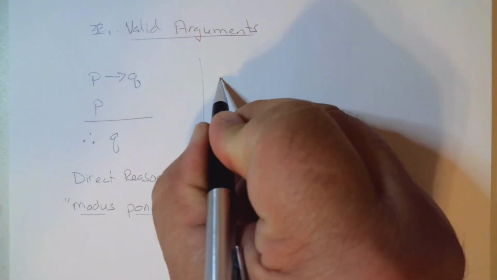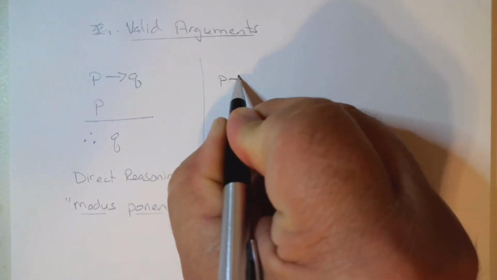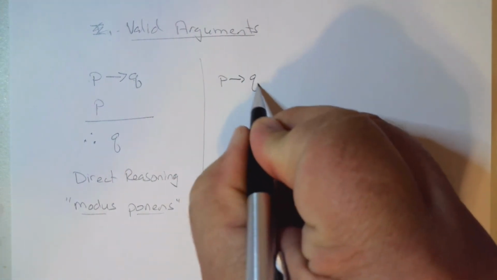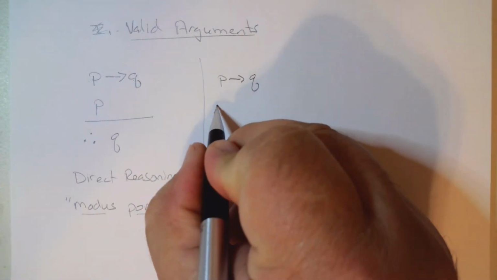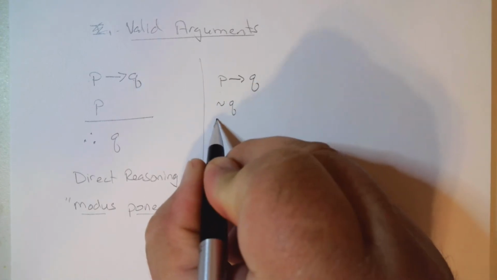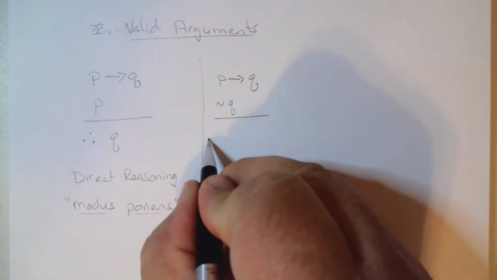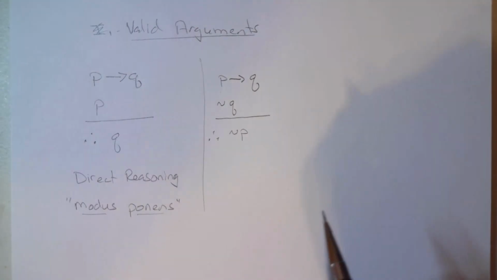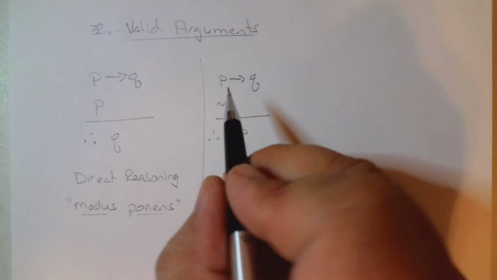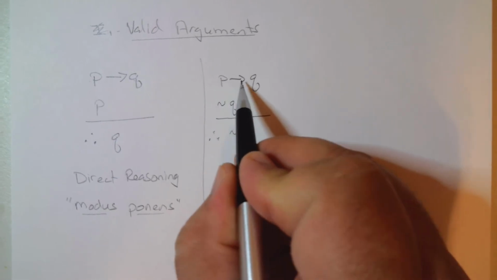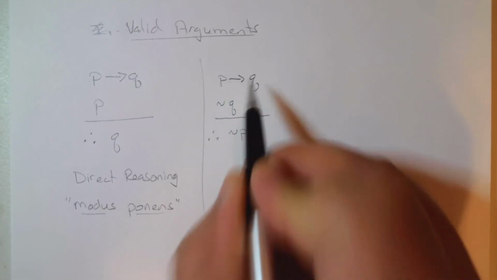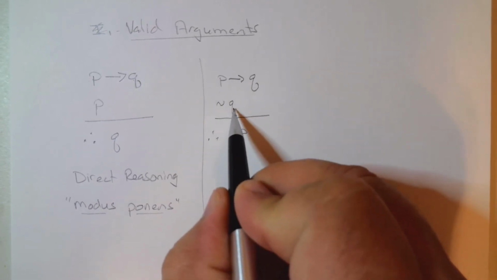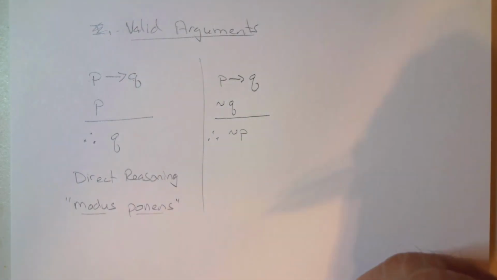The next one we have is if P, then Q. If not Q, therefore not P. If it's cloudy outside, then it will rain. If it's not raining outside, then it's not cloudy.